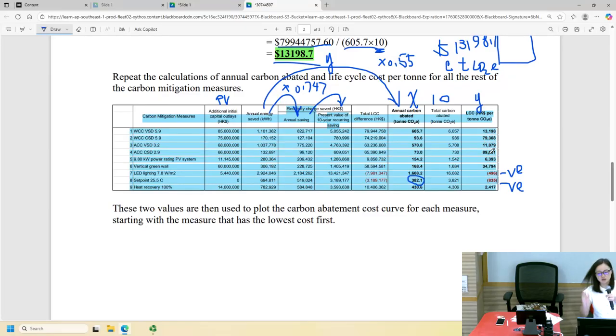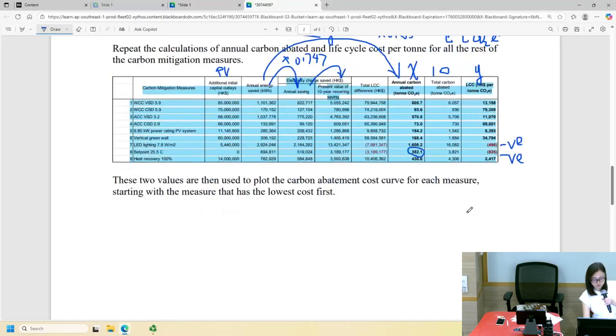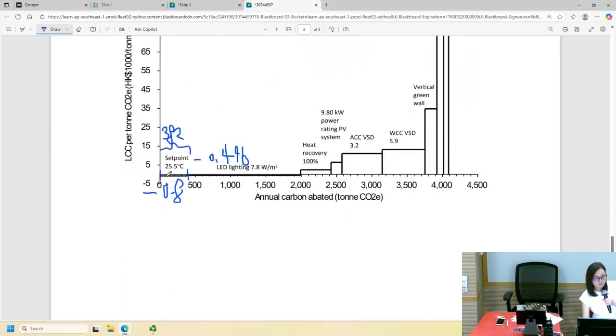After calculating these costs, you have to arrange them in terms of their cost effectiveness. For the most negative value, you put it leftmost, and the length would be the annual carbon reduction.